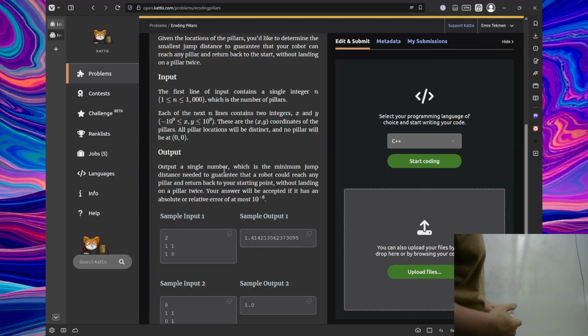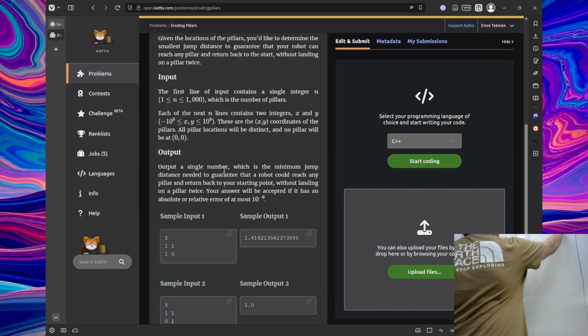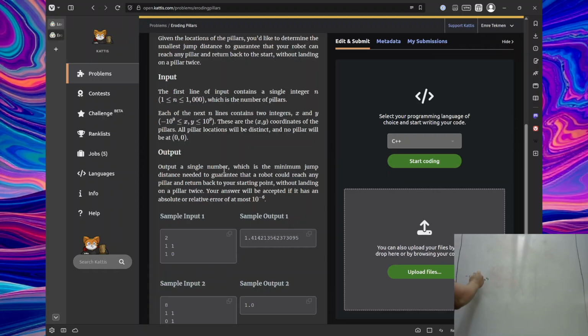Well, the maximum distance you could possibly have would be if you had something in the bottom corner, negative a billion, to positive a billion. So if you remember the Pythagorean theorem, in the worst case, you're going to have to do this jump. The distance is positive a billion minus negative a billion.